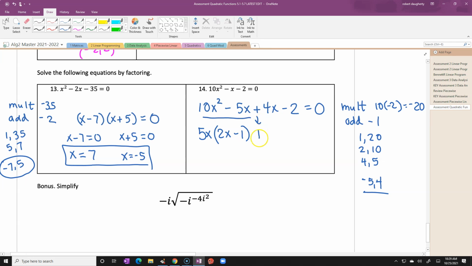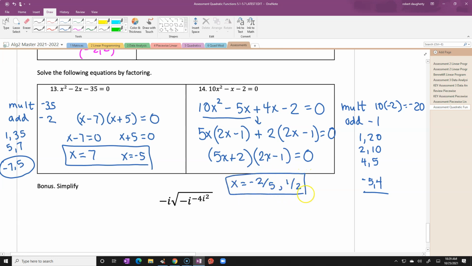Copy down this plus sign, and now I can factor out a 2, and I'm left with 2x minus 1 equals 0. So this tells you that 5x plus 2 times 2x minus 1 equals 0. x is equal to -2/5 or 1/2 when you set each of those factors equal to 0.